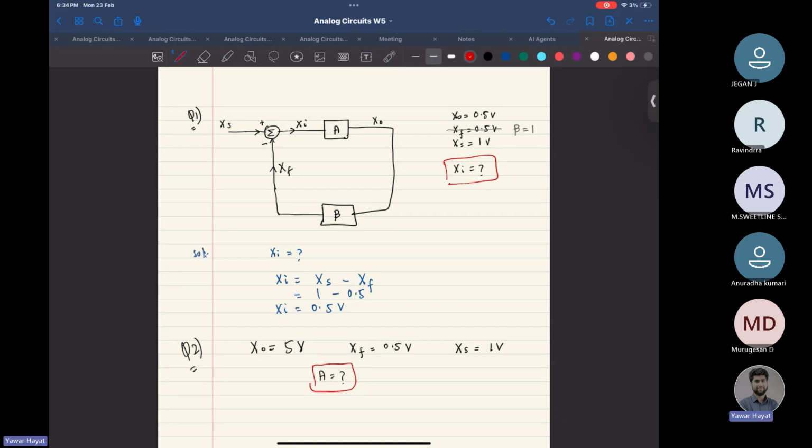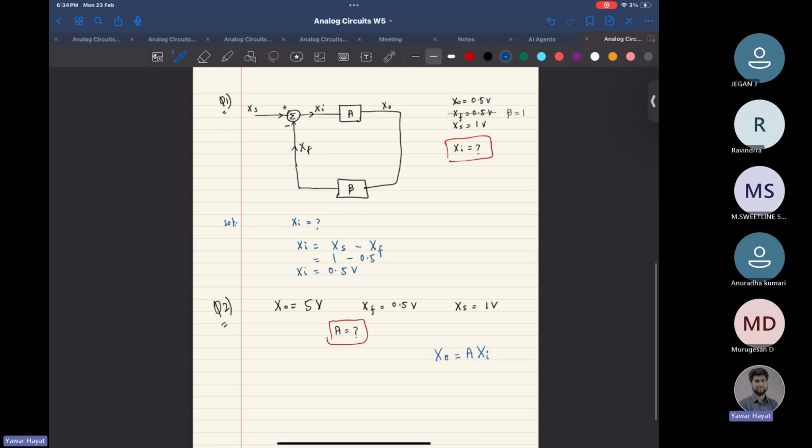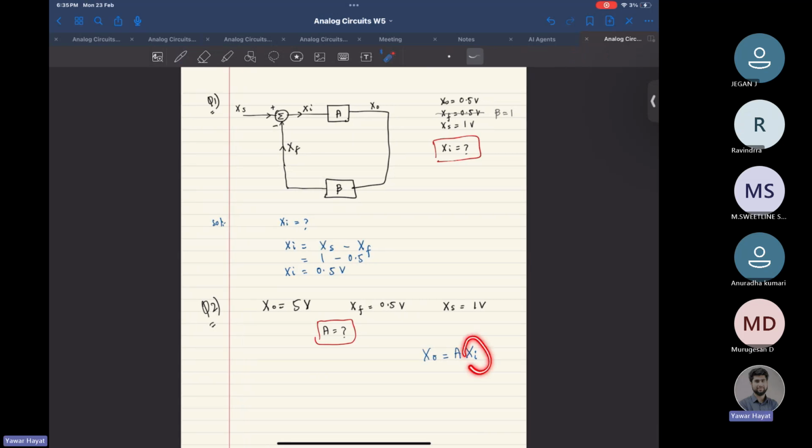Am I correct in saying that your X naught is nothing but A times XI? Then what about this XI? My XI is XS minus XF, that is 0.5.